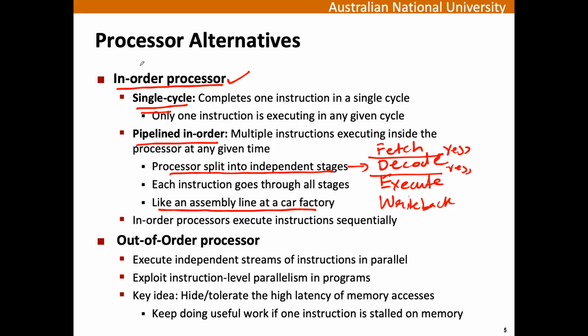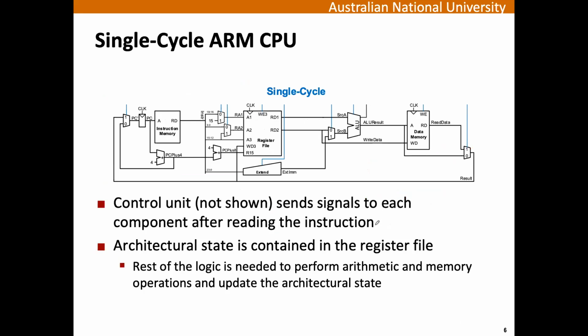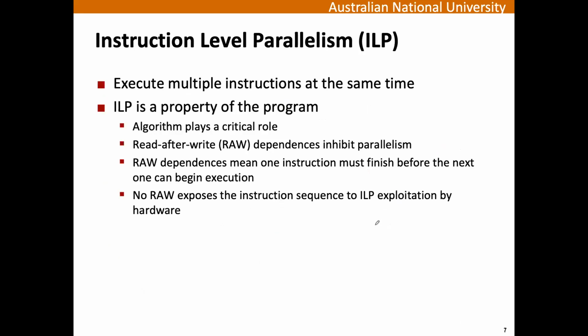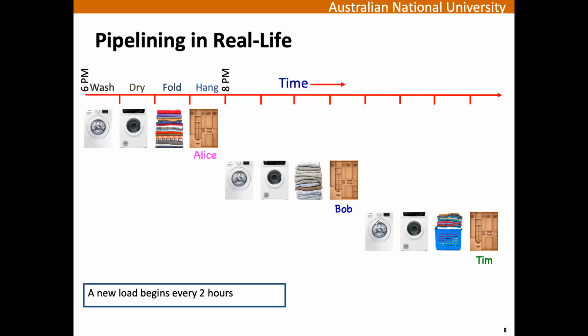In both these cases, in-order processors execute instructions sequentially. I have an example here, actually. This is how you do a sequential laundry. You don't have to understand the whole slide. This is a cartoon. What are the steps in a laundry?